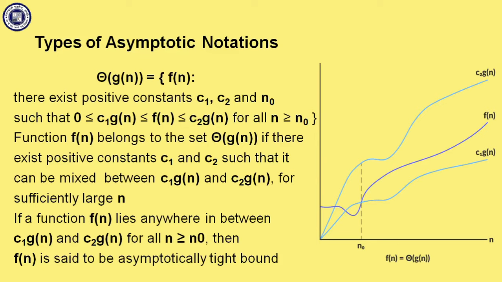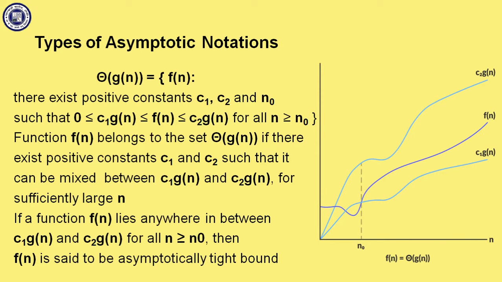That is, the graph will always lie between the lower and the upper bound. This purple one signifies the average case efficiency, which is given by the theta notation.